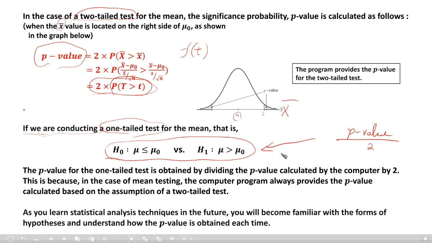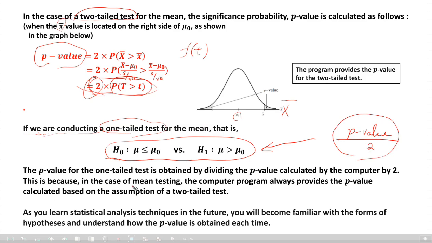You understand? Because computer just calculates it this way, times 2, but your hypothesis testing problem is one-tailed test, then you only concentrate on one tail. So you have to divide p-value by 2.